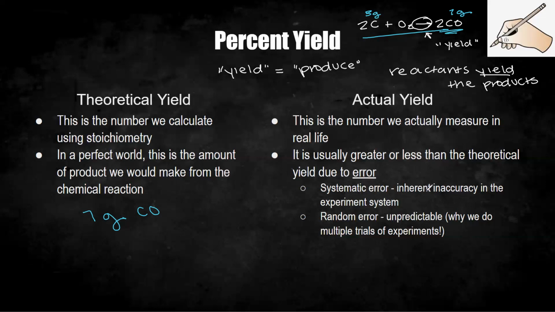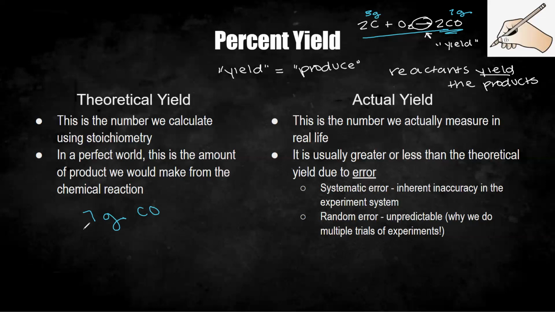Random error is exactly as it sounds. It's extremely unpredictable. And this is why we do multiple trials of experiments, right? Say I'm doing a chemical reaction and I accidentally knock over one of my reactants on the floor. That is random error. I could not have predicted it would have happened, and it would definitely mess up my experimental results or the results of my chemical reaction.